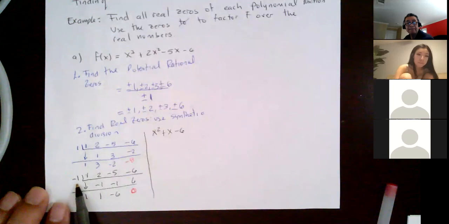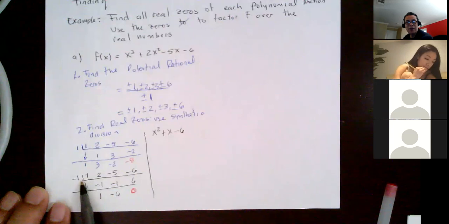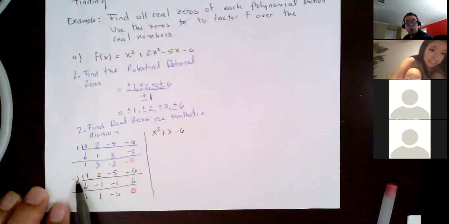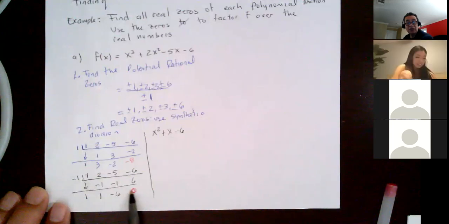Professor, I have a question. Yes. Do we have 2 factors right now, x squared plus x minus 6 times x plus 1, or no? Well, we're going to get there. You might be a little bit ahead of us. Notice that -1 is a factor of the polynomial, right? Yes.